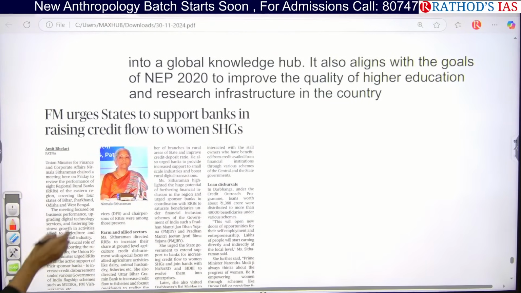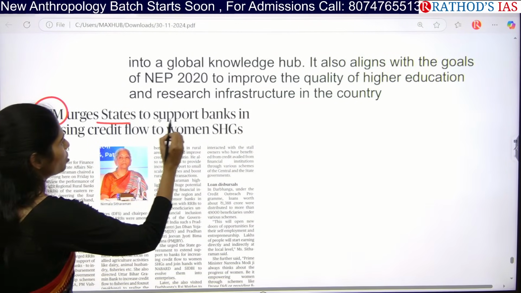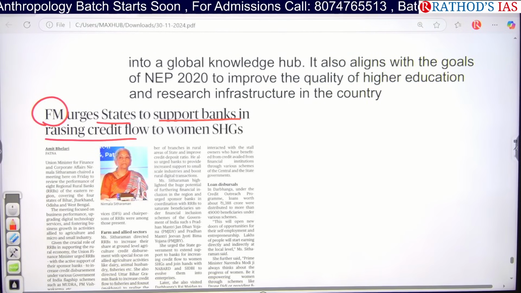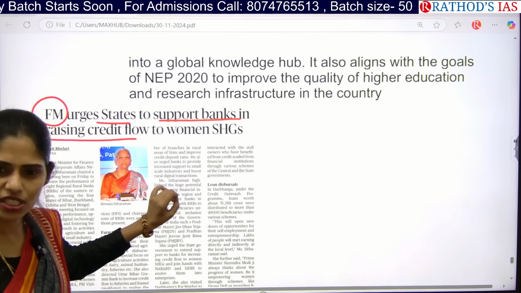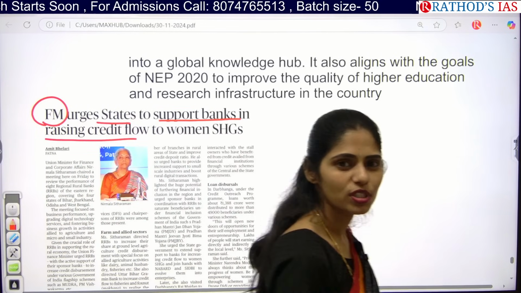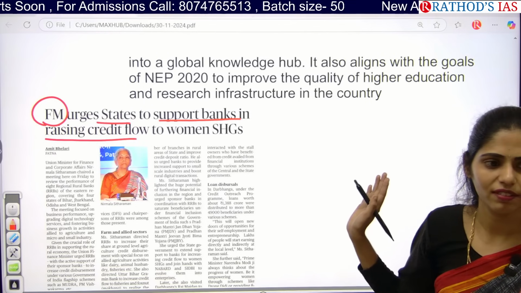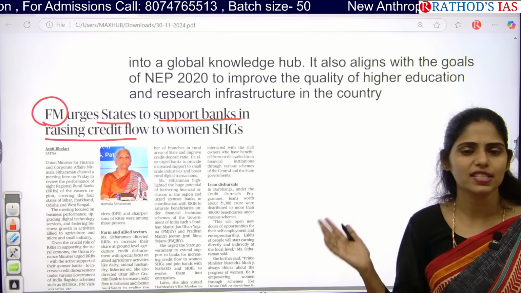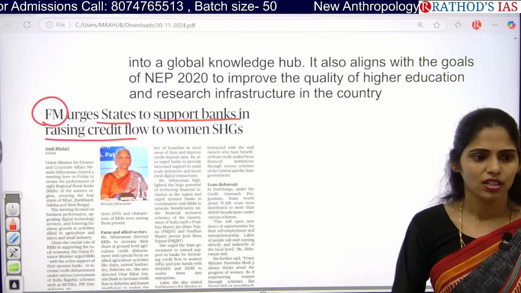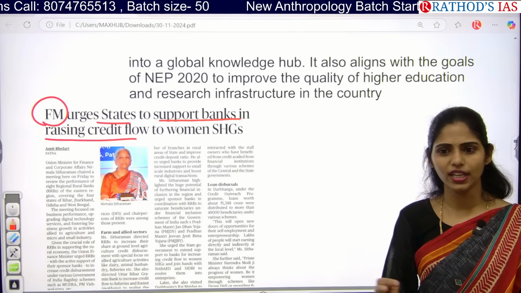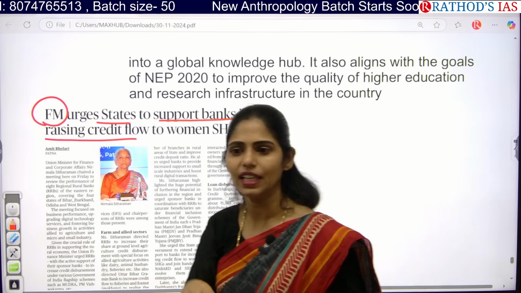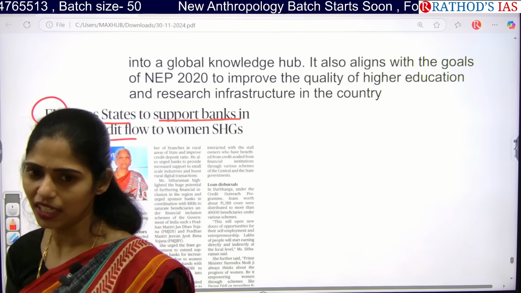And there is one more article, Finance Minister urges states to support banks in raising credit flow to women SHGs. The keyword is women SHG. What is SHG? Self-help groups. So you have done with that topic in your governance, right? Self-help groups. What are the self-help groups is about? Women, they will be forming the group for a common objective, so that it will be helpful for making them empowered and as well as financially independent.